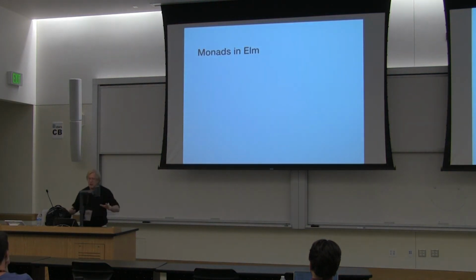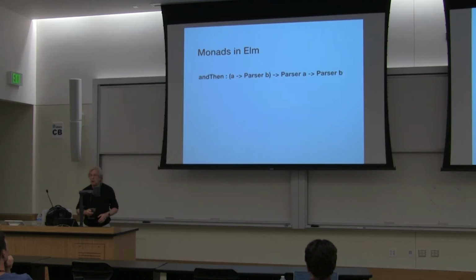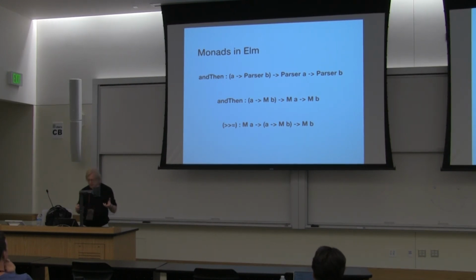So there are monads in Elm. I'm going to go very quickly through this. There is the andThen combinator, or the same thing written by replacing parser by M for monad. There's the bind operator in Haskell, and notice that they're the same thing up to permuting the arguments. So yes, Dorothy, Elm does have monads.